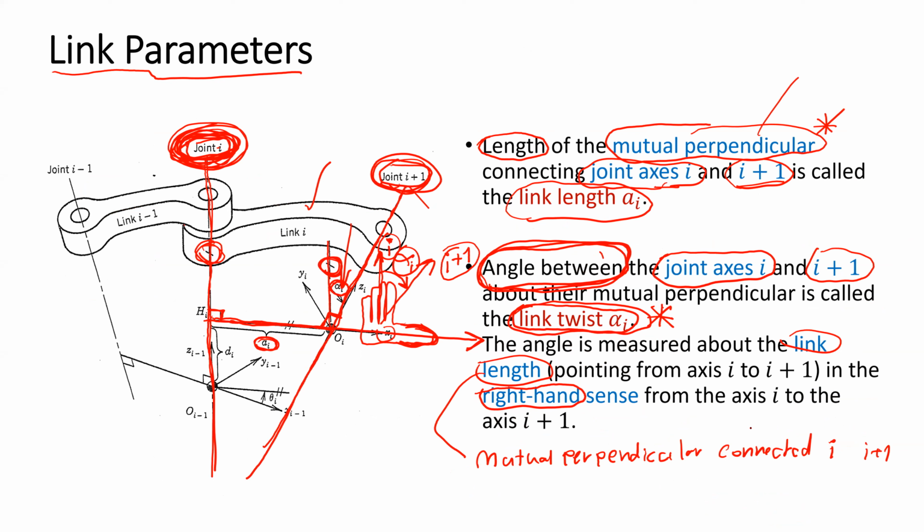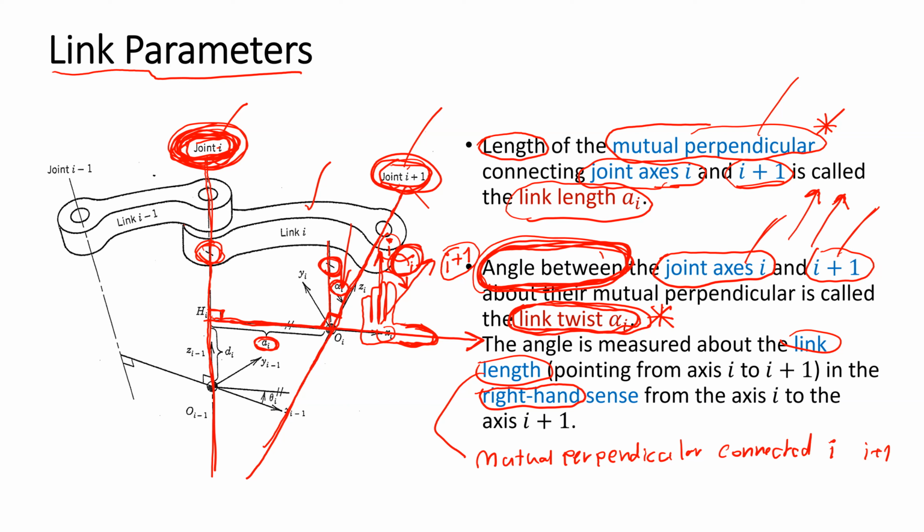Okay, if joint I and joint I plus 1 have different directions, we can find the value of the link twist by using the right hand rule to obtain the angle between the joint axis of joint I and joint I plus 1. But if joint I and joint I plus 1 point into the same direction, there is no angle difference.